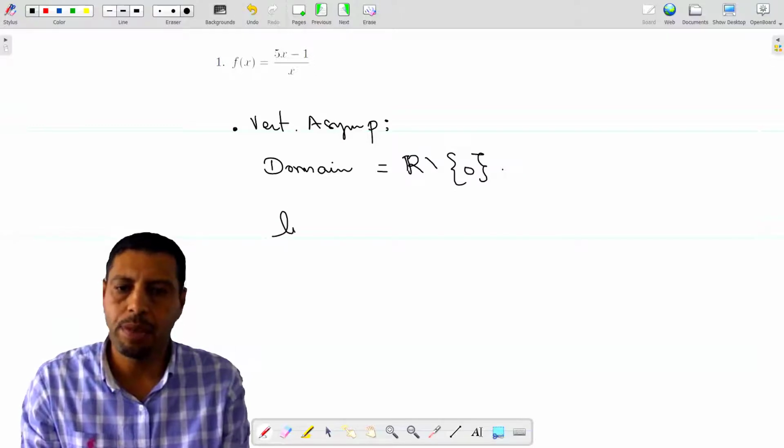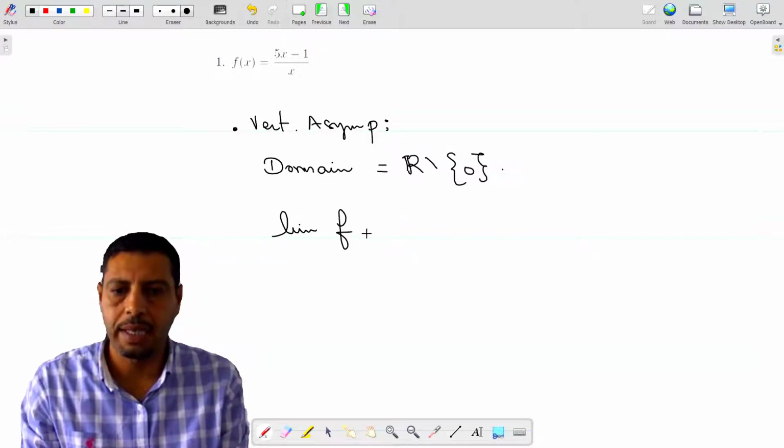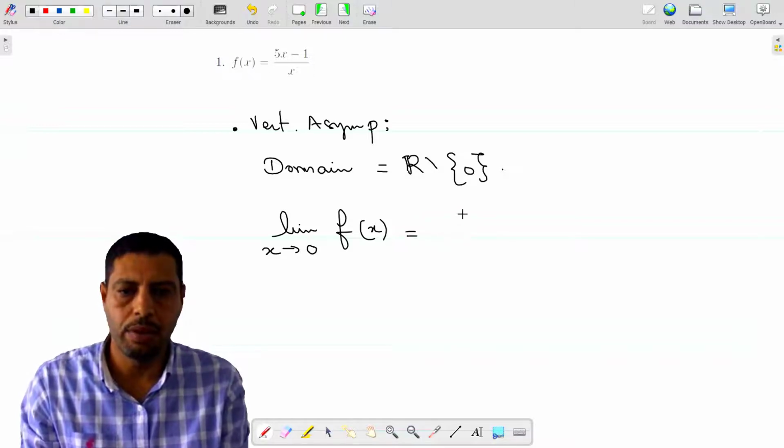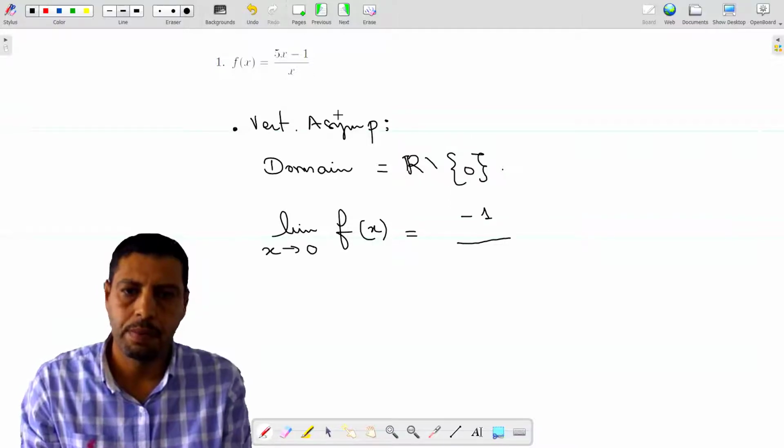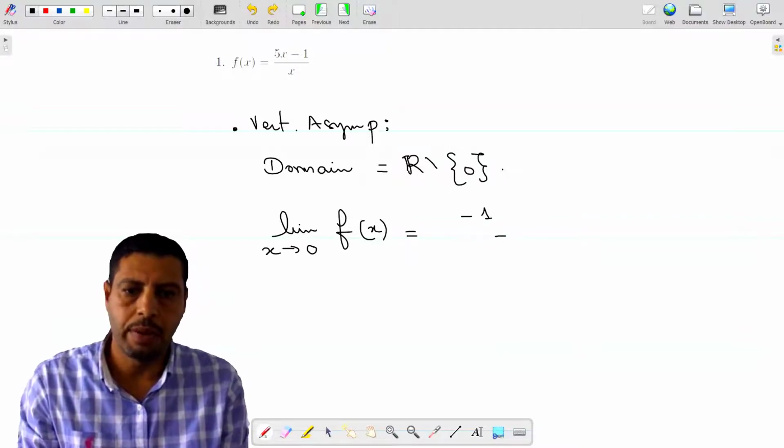Second step, you compute the limit of f of x where f is not defined, which means x equals 0, when x approaches 0. And this limit is equal to 5 times 0 is 0, minus 1, which is negative 1 over 0, because the x will approach 0.